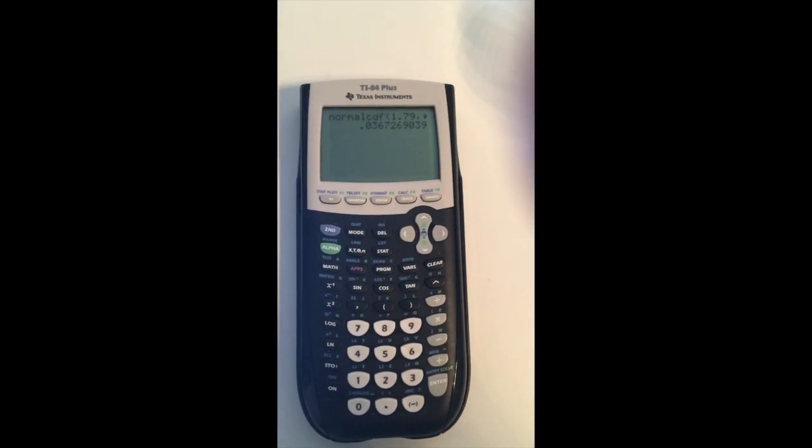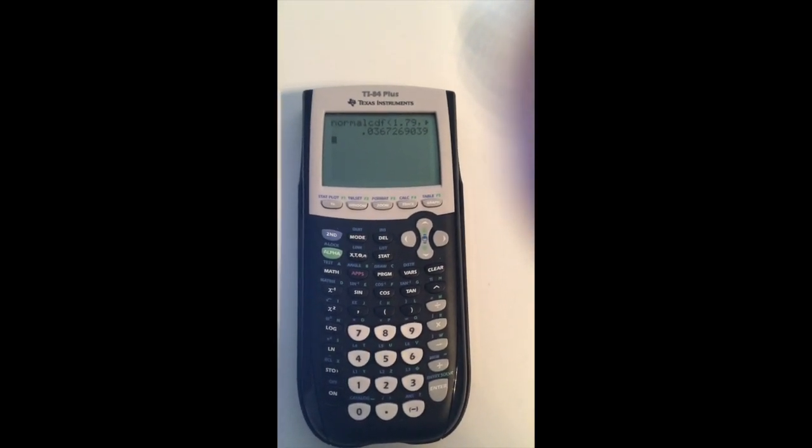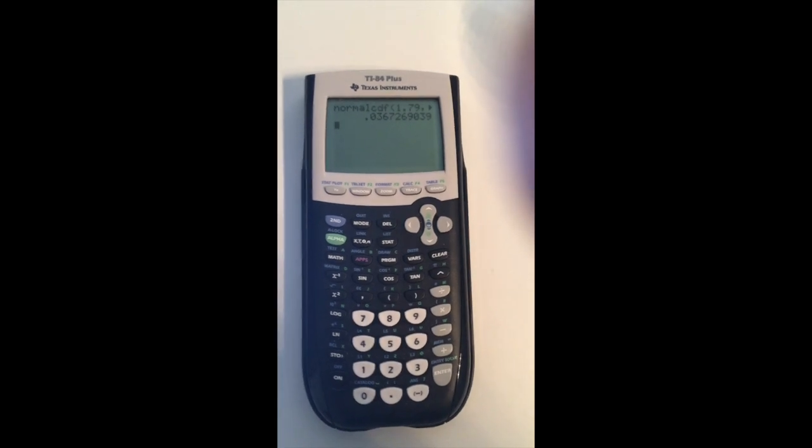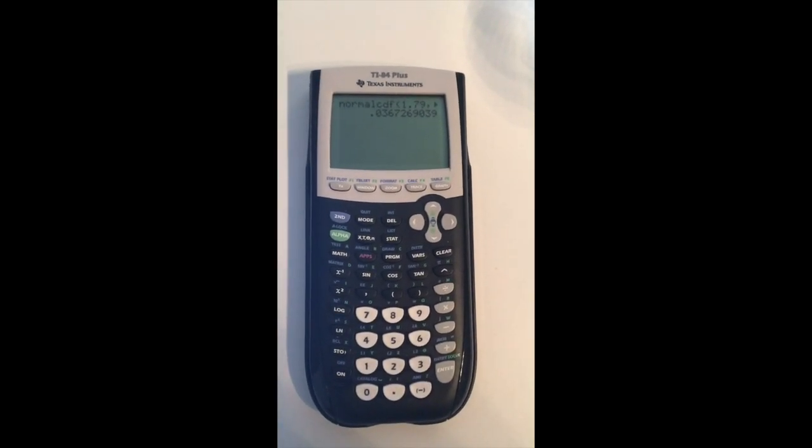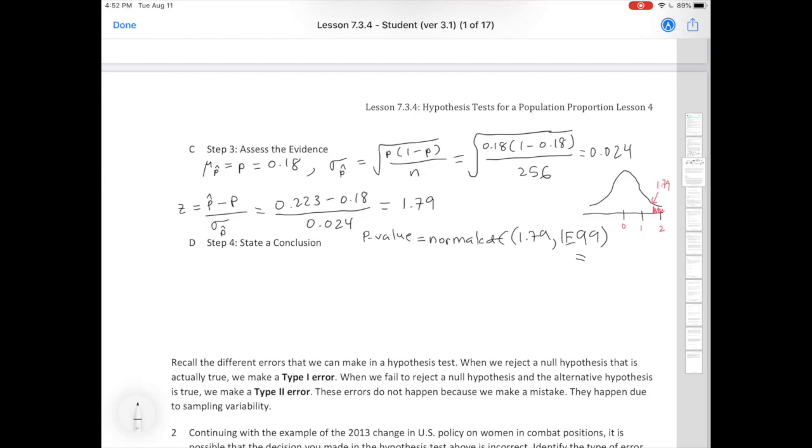So we get 0.037 if we were to round it to 3 decimal places.